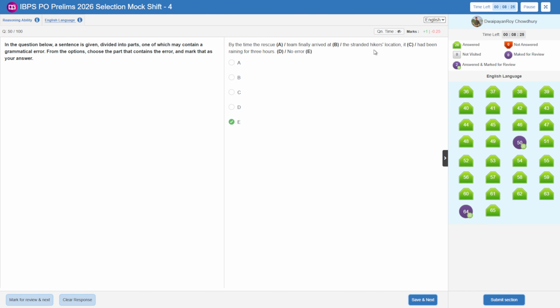But location, which location? Hikers location. It had been raining for 3 hours. I'm not saying any outright mistake. Arrived at the standard hiker.